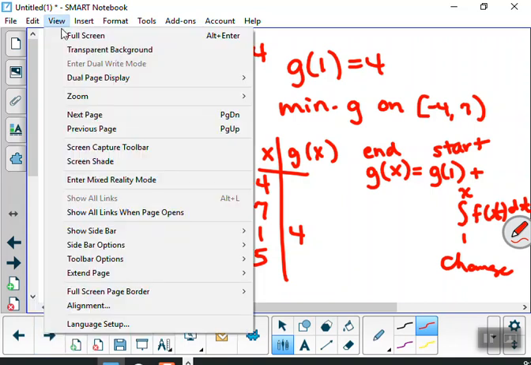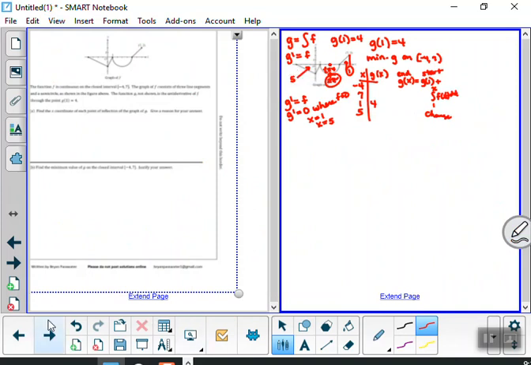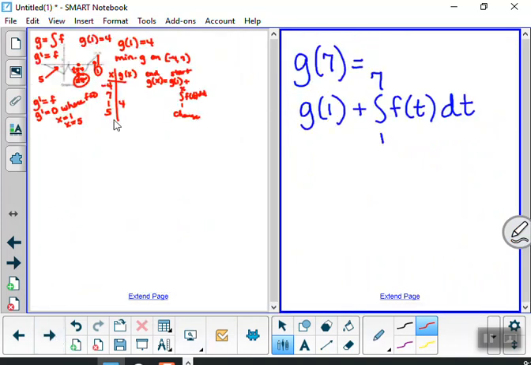Let's go back to dual page. Okay, so I can see my areas written in there. So G of 7 is going to be 4 plus, from 1 to 7, I have negative 2 pi plus 1.